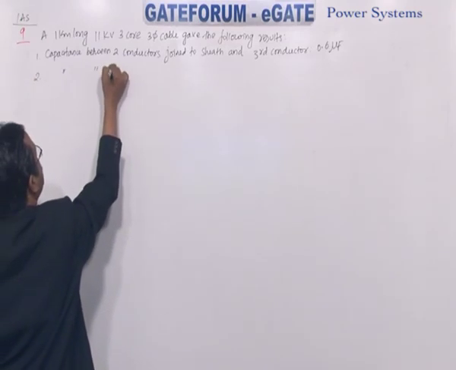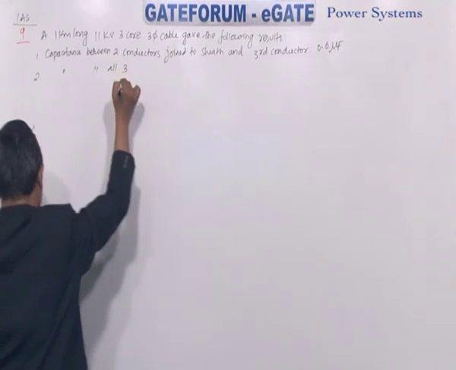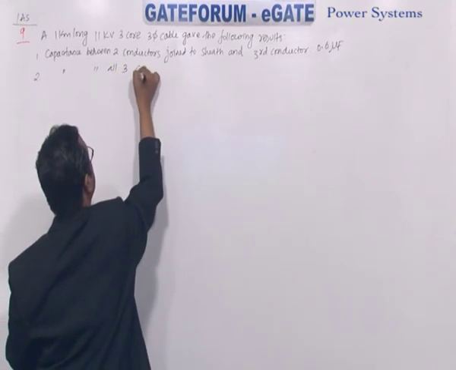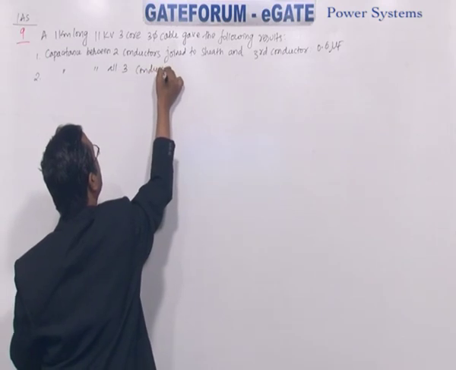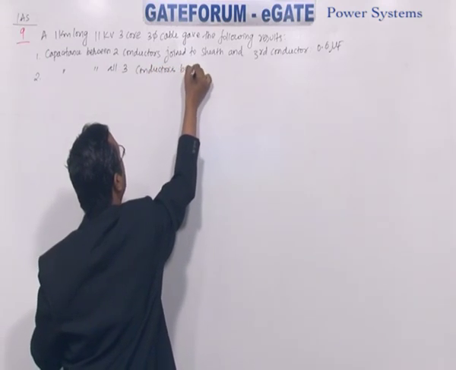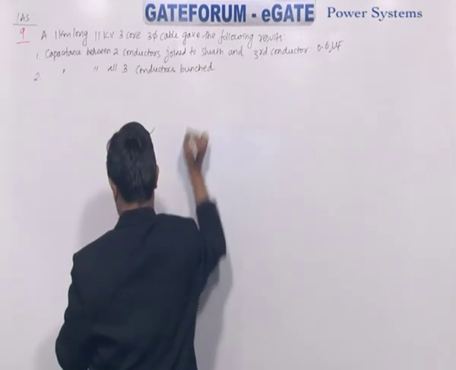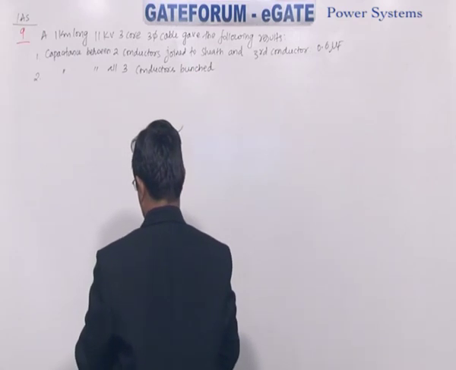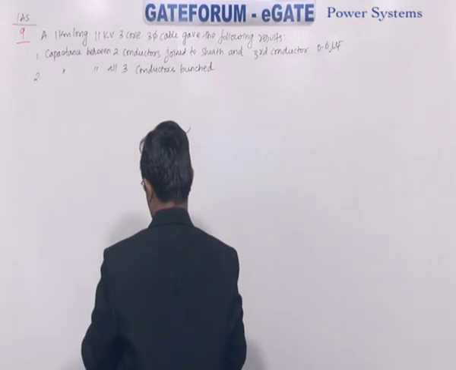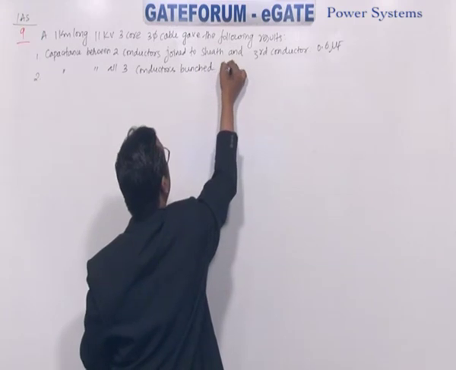Next is the capacitance between all three conductors bunched together and sheath.